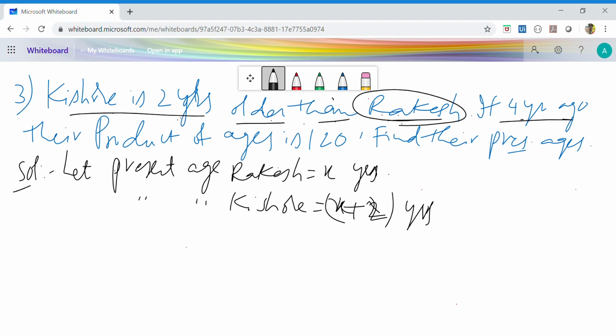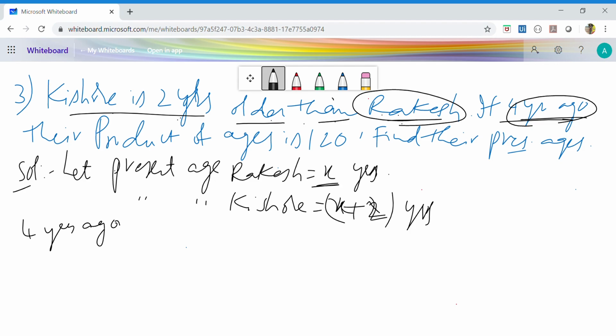Then 4 years ago. Ago means before 4 years. So if the present age is 10 years, 4 years ago his age becomes 6 years. In the same way, if the present age is 20 years, 4 years ago his age becomes 16 years. In the same way, present age of Rakesh is x years.